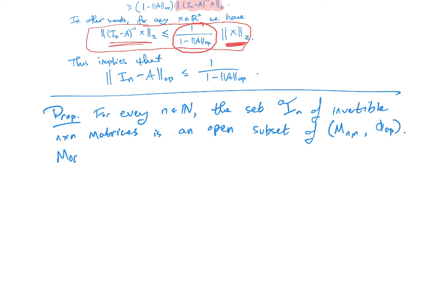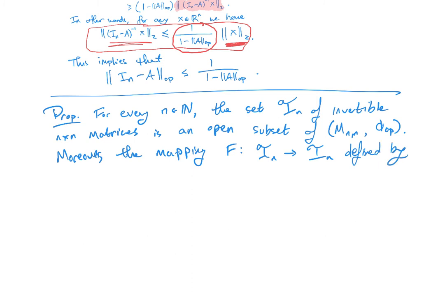Moreover, the mapping F, which would map from the invertible matrices to themselves, defined by F of A equals A inverse, is continuous with respect to this metric.